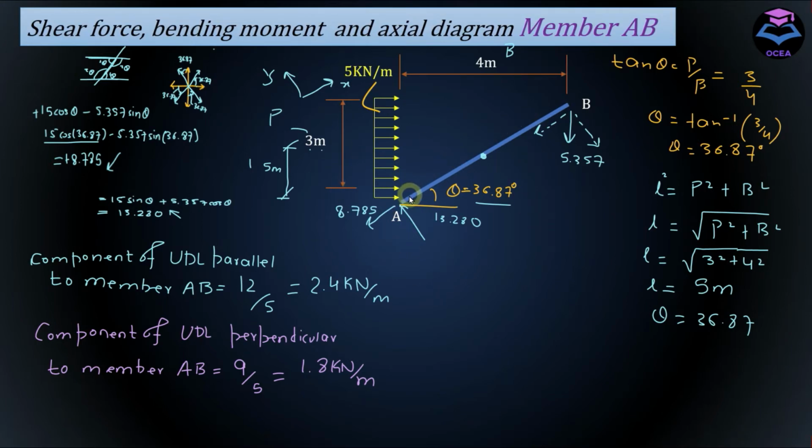So the UDL which is parallel to the member AB is equal to 2.4. Let's draw that. And the UDL which is perpendicular is equal to 1.8 kilonewton per meter.